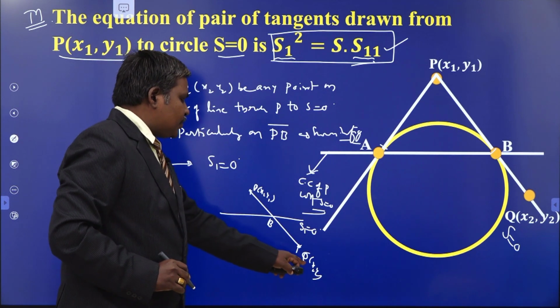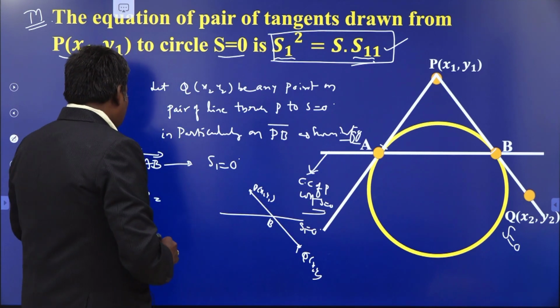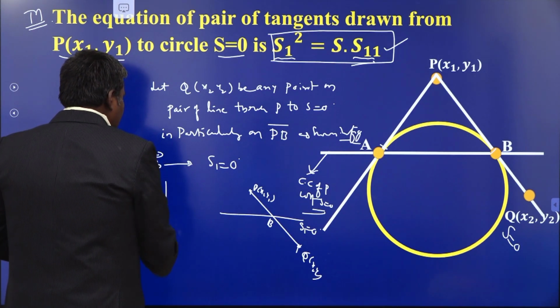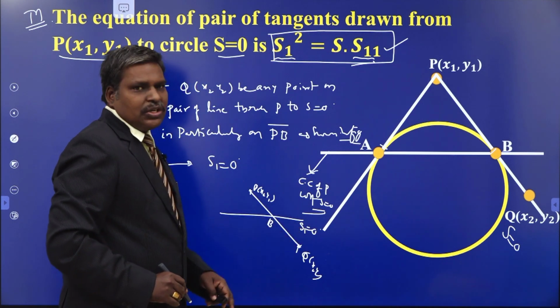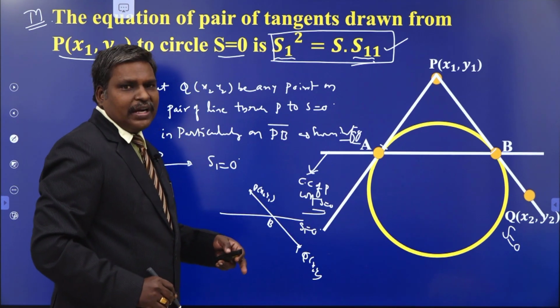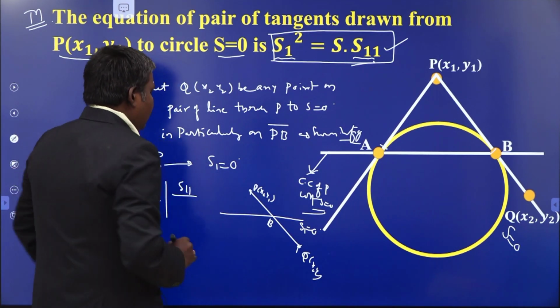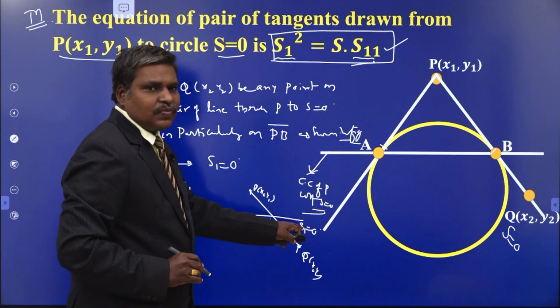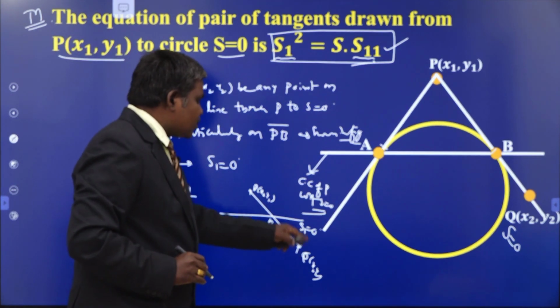L22 is obtained by substituting the second point in L = 0. So |PB/BQ| is nothing but the modulus of: substitute (x1, y1) in S1 = 0, what do we obtain? That is S11. When you substitute (x2, y2) in S1, what do we get? Is it L22, S22? No, it is S12.